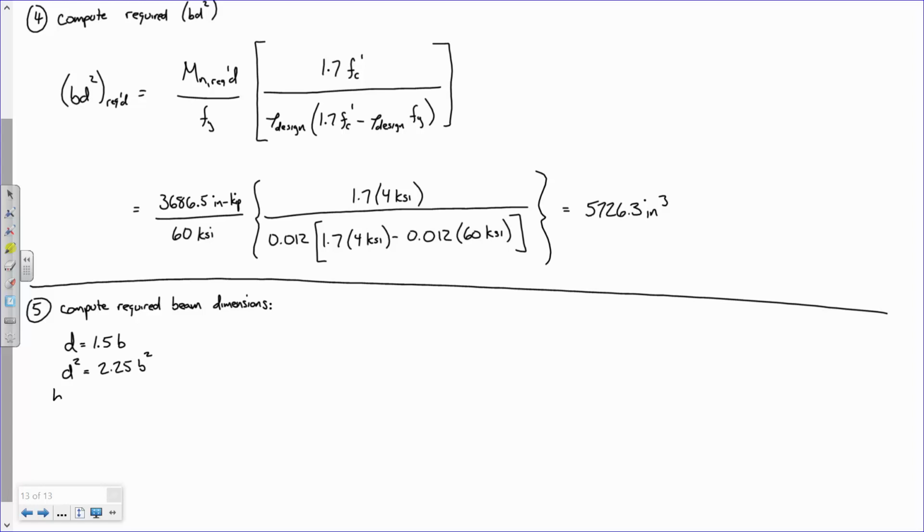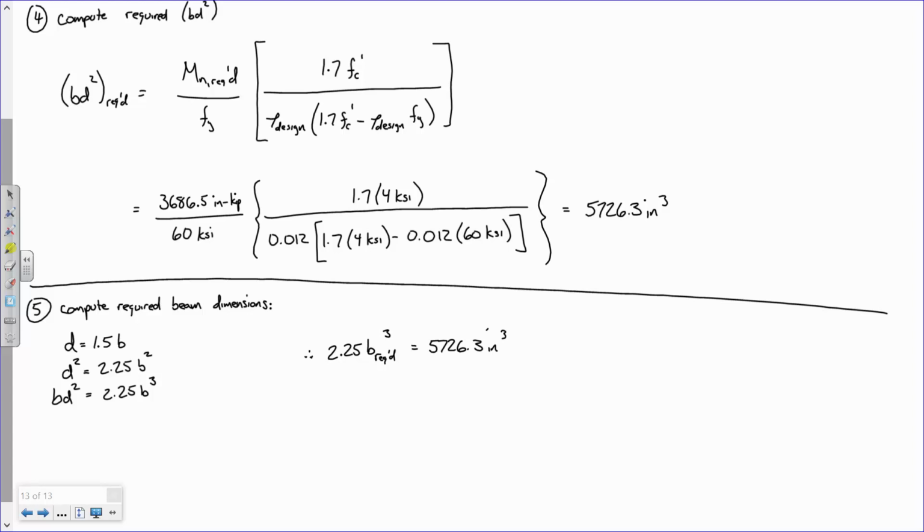So what is BD squared? 2.25 B cubed. Fair point? So could we say this? Could we say therefore 2.25 B cubed, and we'll call it B required, cubed, has got to be 5726.3 cubic inches. Could we say that?